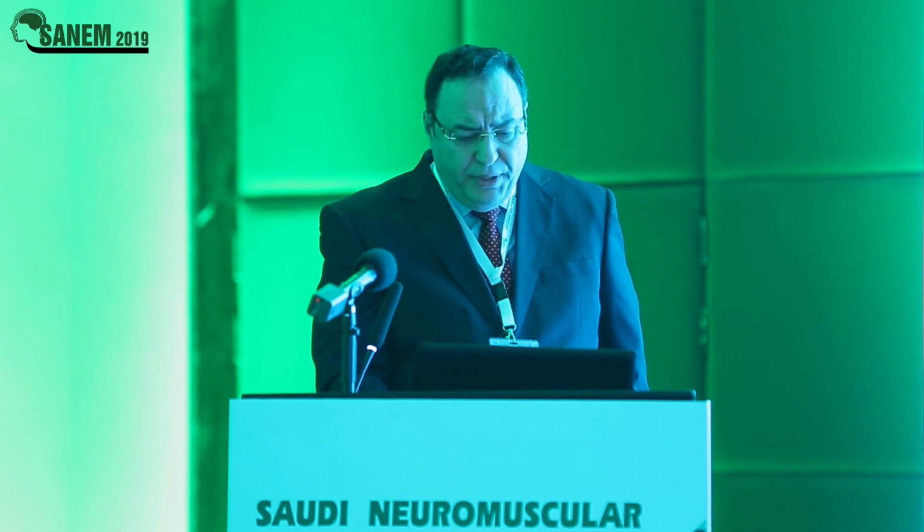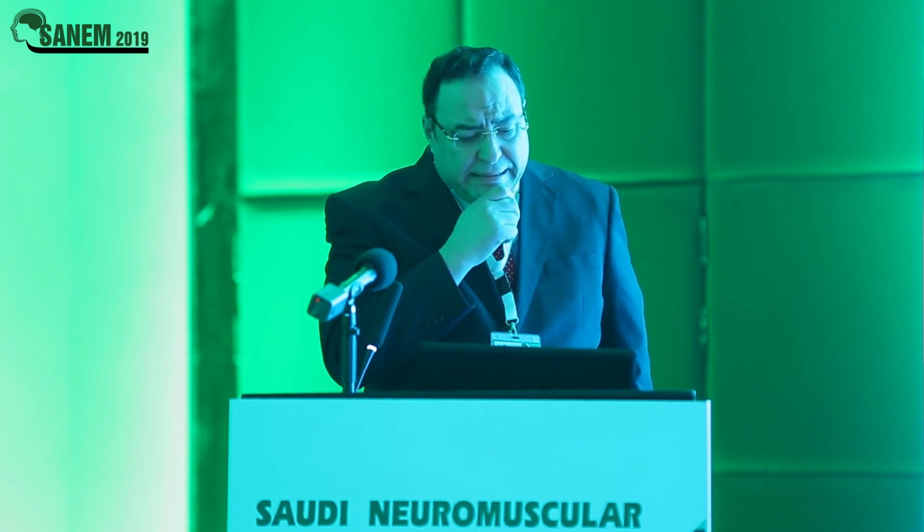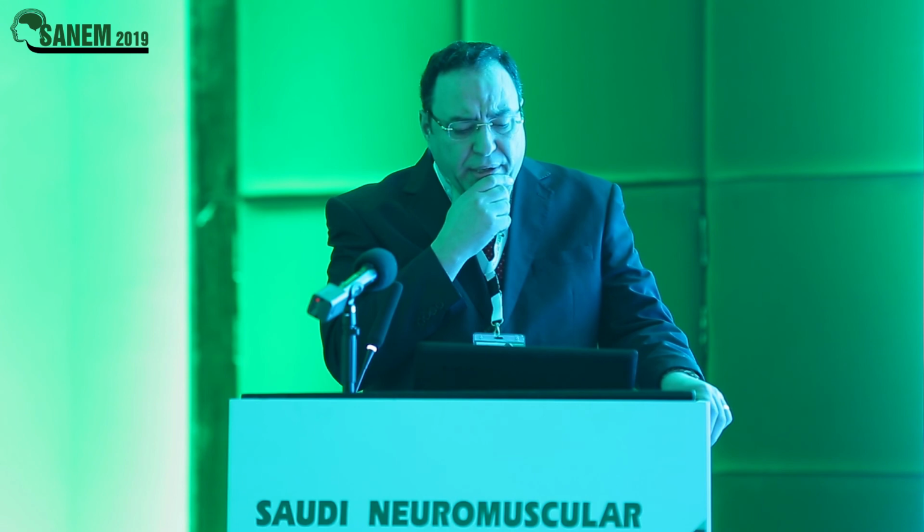Spinal muscular atrophy: we have the problem in chromosome 5. The abnormality is in the survival motor neuron genes. We have 2 genes, survival motor neuron 1 and 2, and they produce the survival motor neuron protein. Without this protein, all the motor neurons will degenerate.